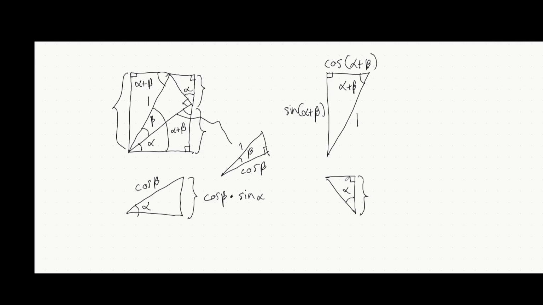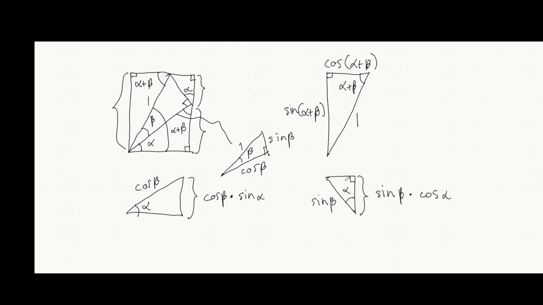And so we just need to find the hypotenuse of this triangle. Well, that's going to be the vertical of this same triangle here. So that's going to be sine of beta. Okay, so the adjacent is going to be the hypotenuse times the cosine of alpha.